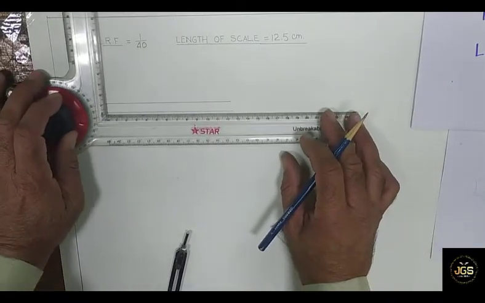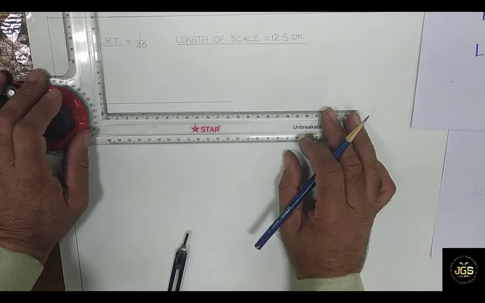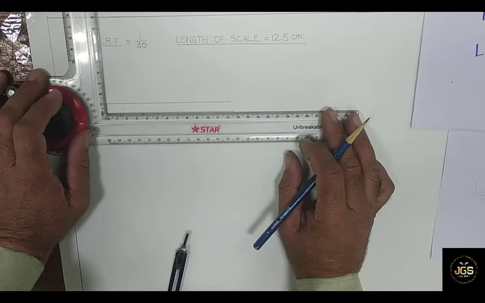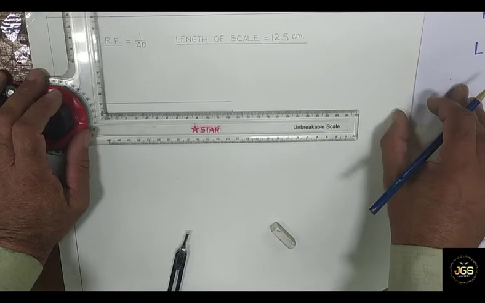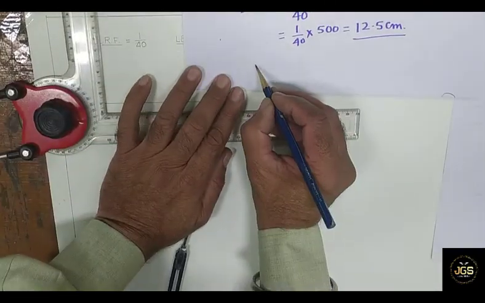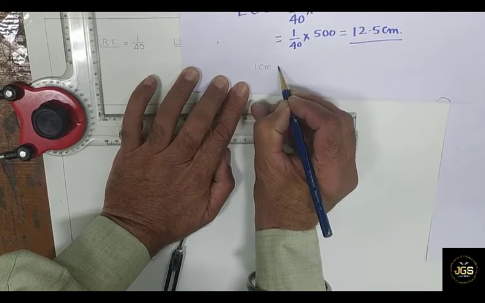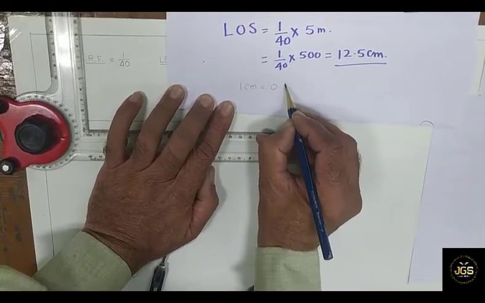Then you mark, because it is given in the question 1 centimeter is represented by 0.4 meters. So in this plane scale, we have to represent meters and decimeters. So when 1 centimeter is equal to 0.4 meters, here you can see on the horizontal line, we should show this is 1 centimeter is equal to 0.4 meters.